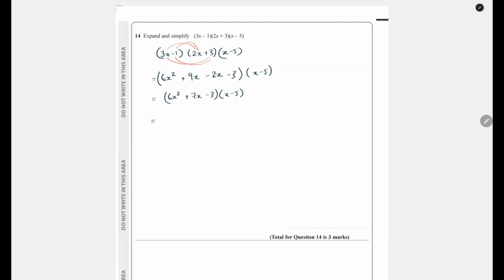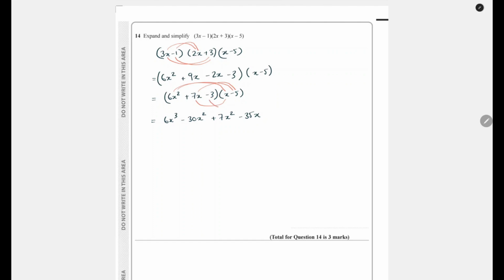We then need to just expand these two brackets out, so we'll do the same thing. 6x squared multiplied by x gives us 6x cubed. 6x squared multiplied by minus 5 gives us minus 30x squared. 7x multiplied by x gives us plus 7x squared. And 7x multiplied by minus 5 gives us minus 35x.